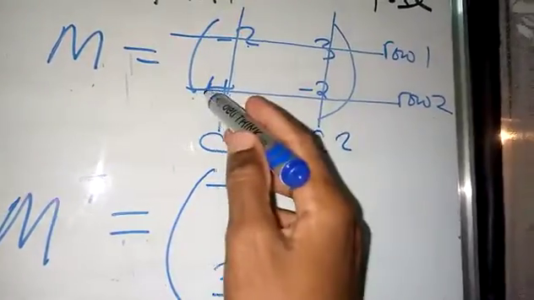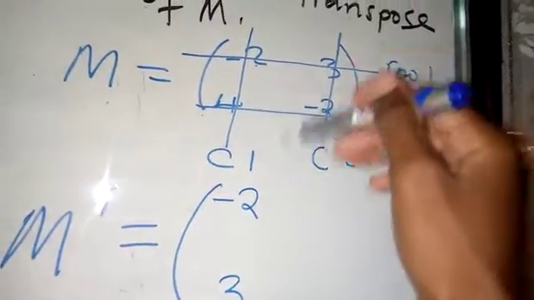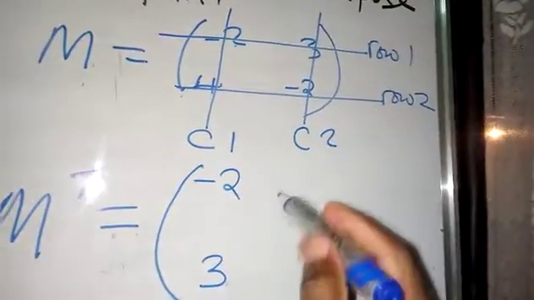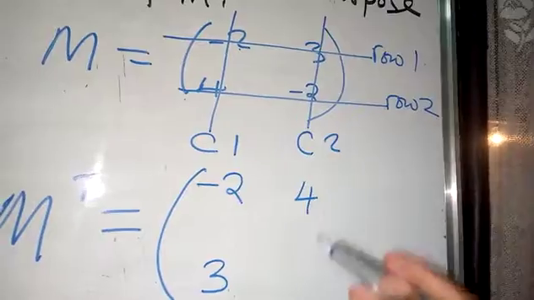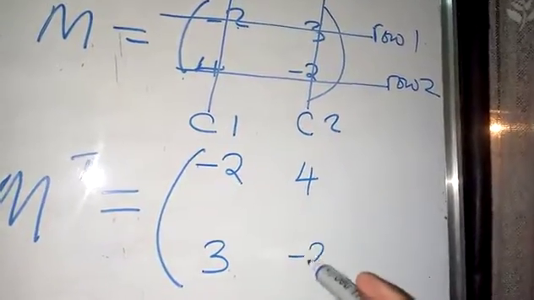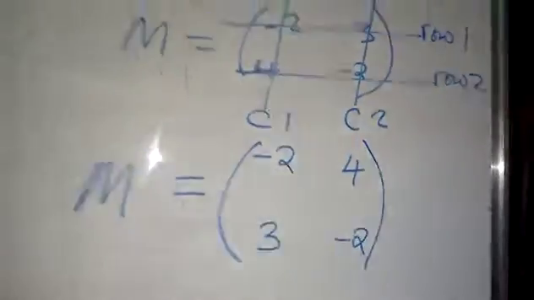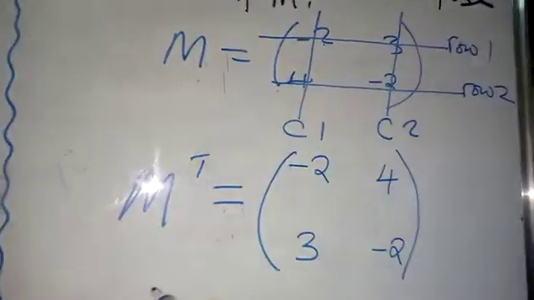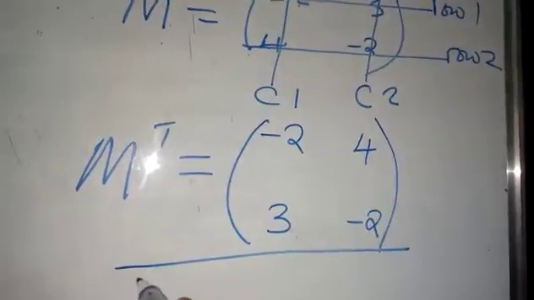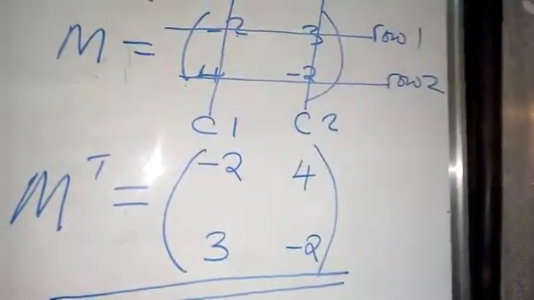Then row number 2 will become column number 2. So this is what we call the transpose of a matrix. It is a matrix found by interchanging rows and columns.